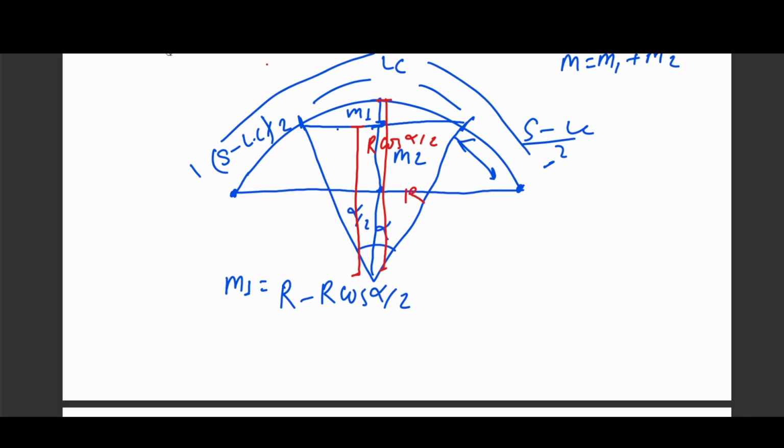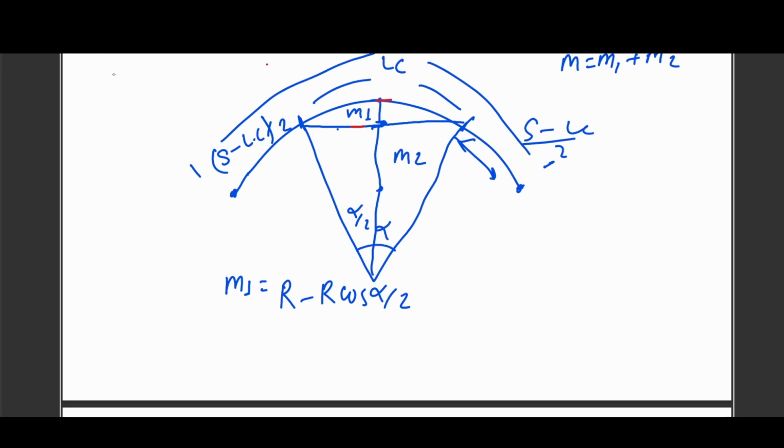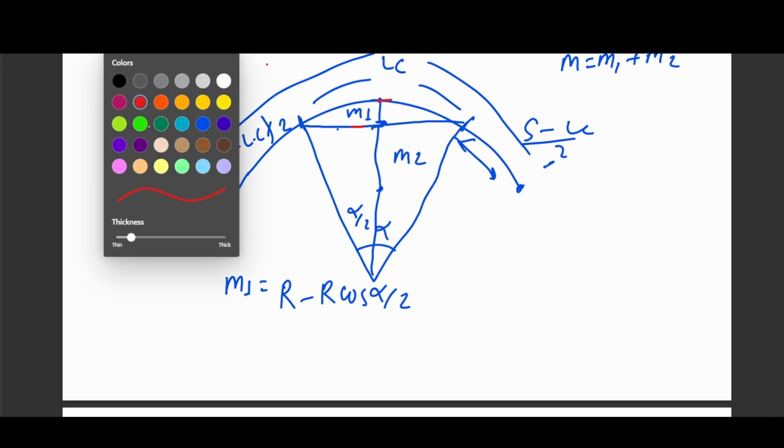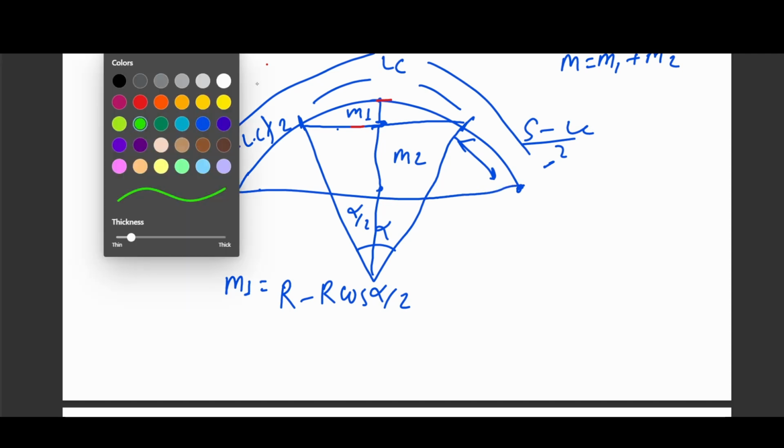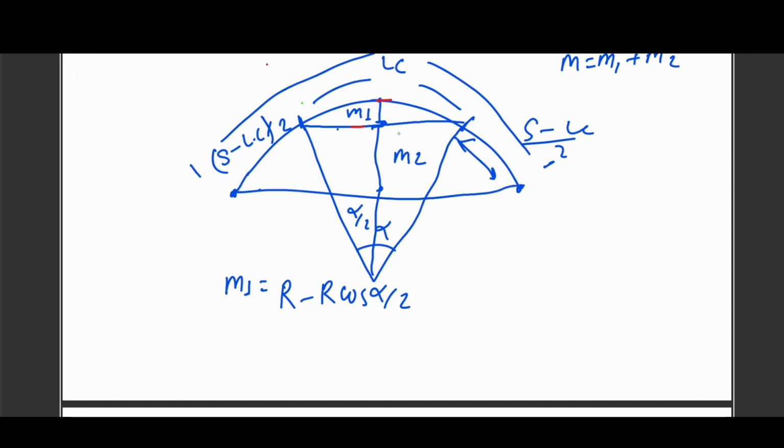So let's move towards the second part, that is the value of m2. Let me explain the value of m2 with the green pen. The value of m2 is up to here, right?